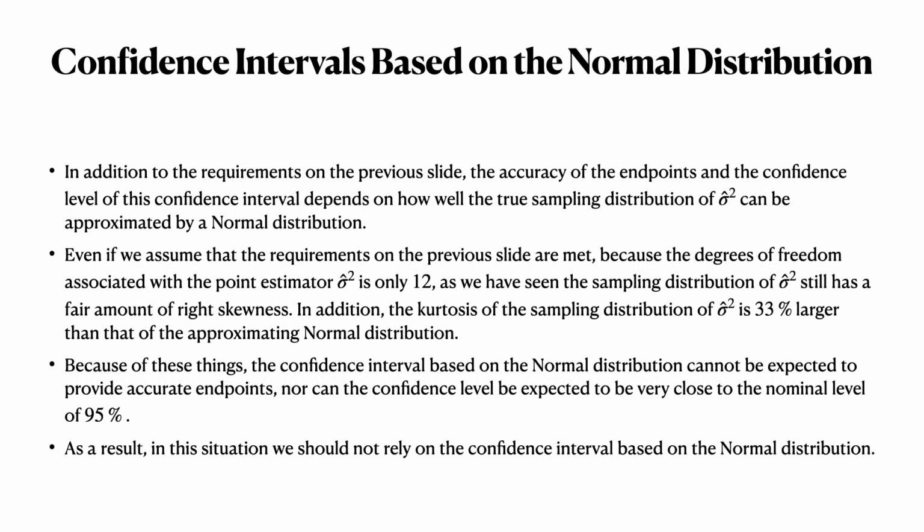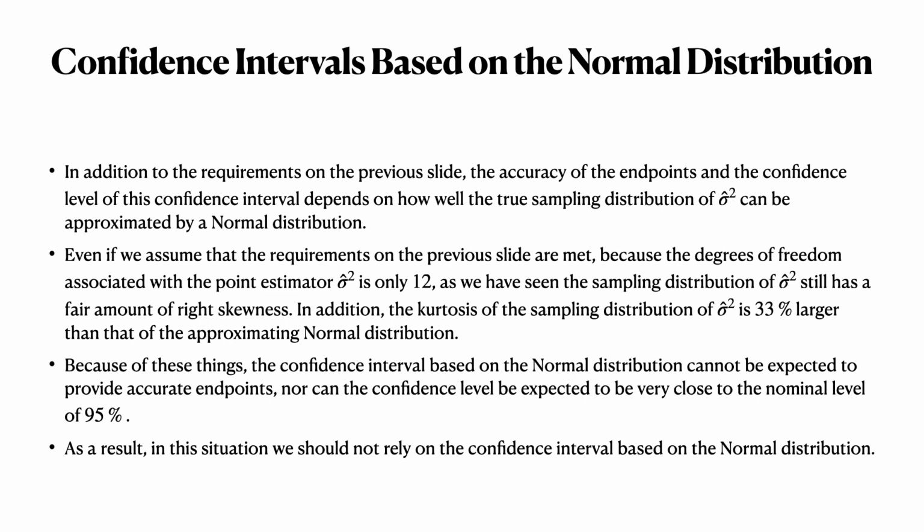Next, regarding the confidence interval that is based on the normal distribution, in addition to the requirements on the previous slide, the accuracy of the endpoints and the confidence level for this confidence interval depends on how well the true sampling distribution of sigma hat squared can be approximated by a normal distribution.